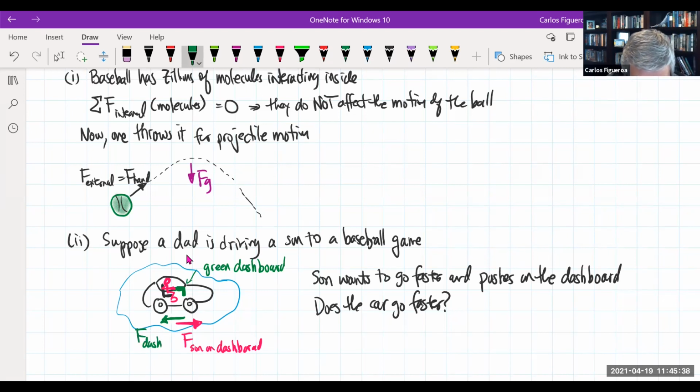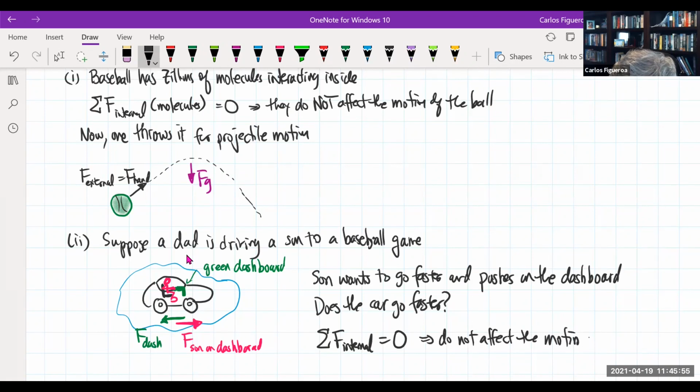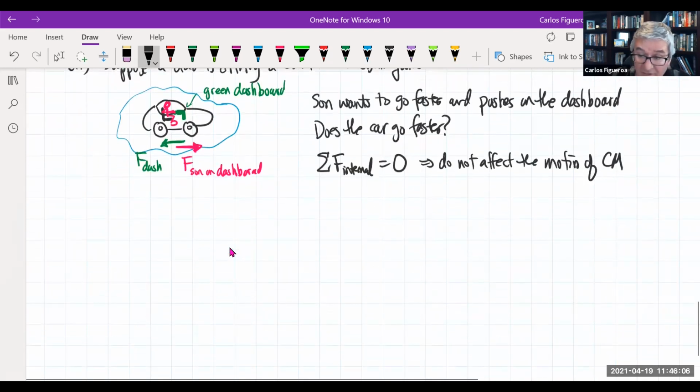And of course, that means that the internal forces within the system are going to cancel to zero, which means that they do not affect the motion of the center of mass, because the internal forces cannot do that. So there's two examples of how we could look at that.